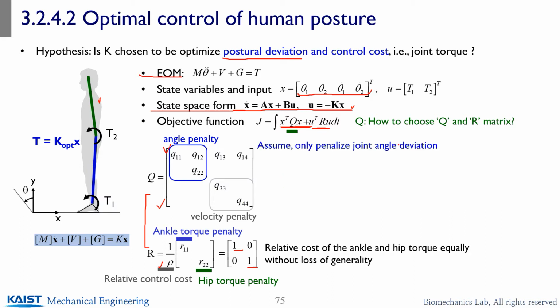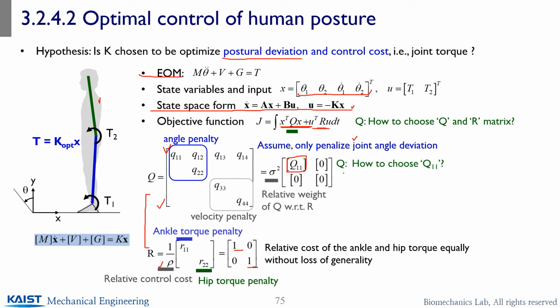So maybe angle deviation minimization will be preferred more than the velocity. So make the other terms simple, like all zero except the Q angle penalty. Okay. So the original 4x4 Q matrix and 2x2 R matrix now become simple: identity for the R, and Q is only a 2x2 matrix.